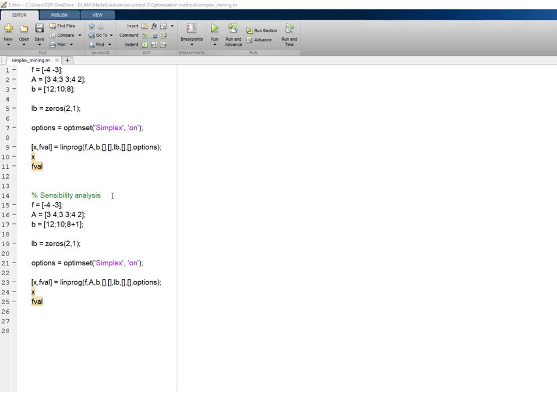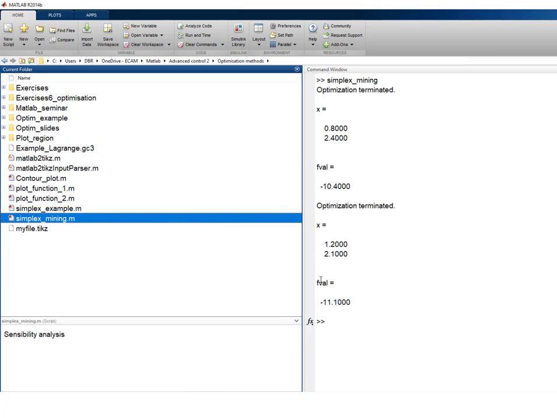And for the sensitivity analysis, we'll verify that if we have 1 hour of washing more, this will lead to an increase of the cost in the original maximization problem. So let us run this, and this is what you obtain. We indeed obtain the good solution.